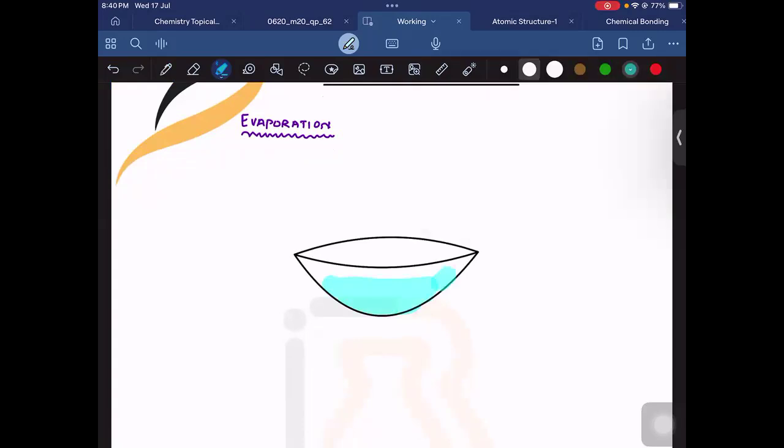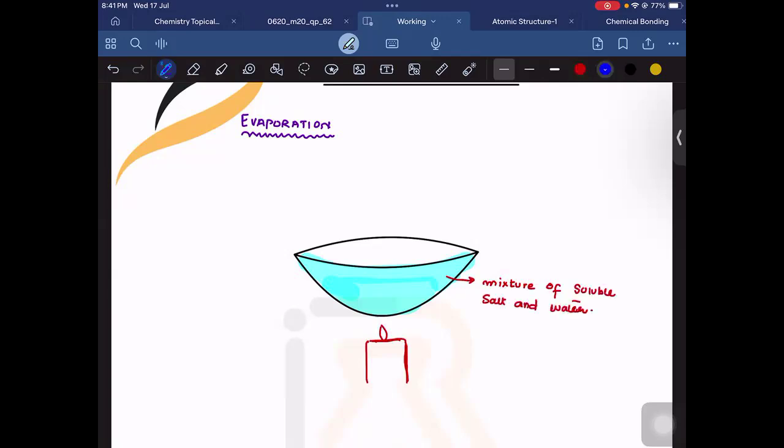And I'm going to heat this mixture of soluble salt and water.